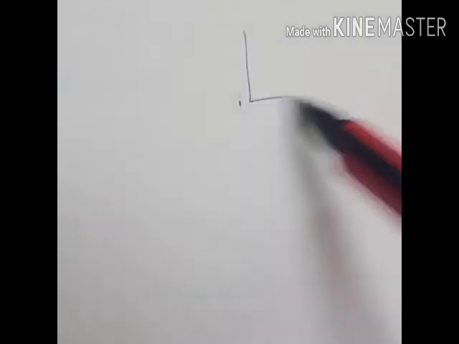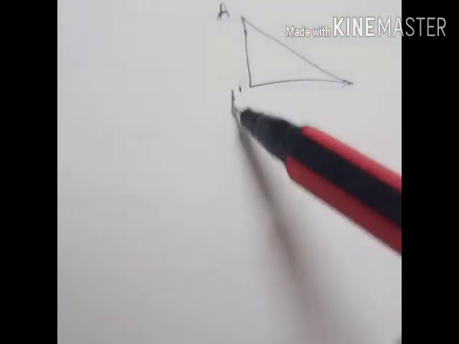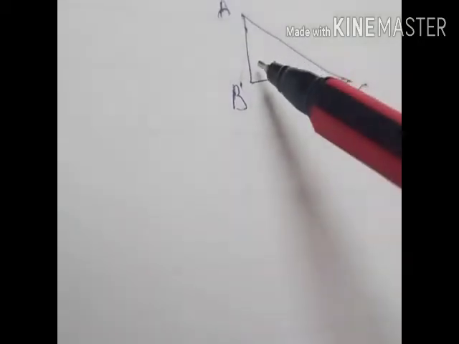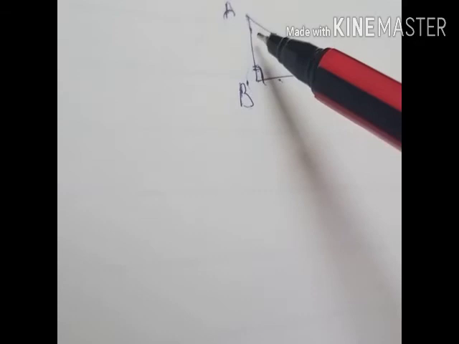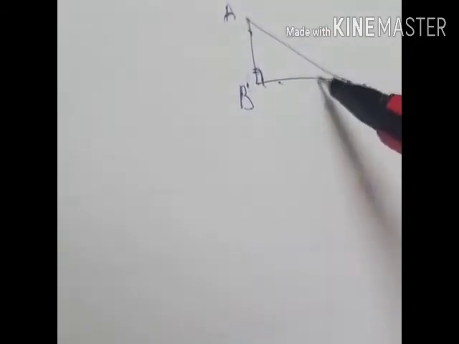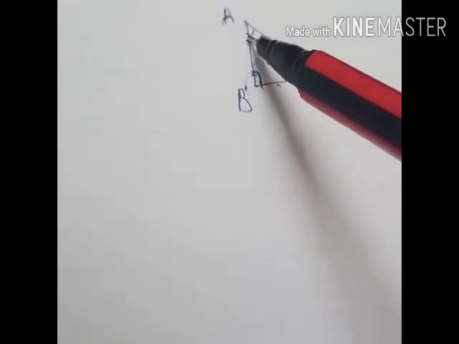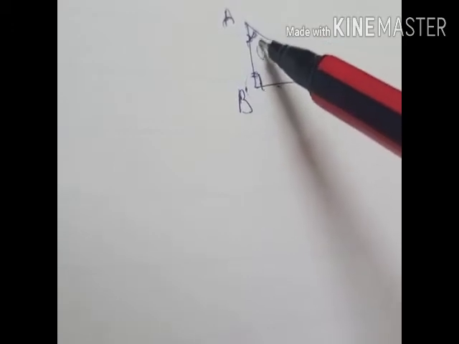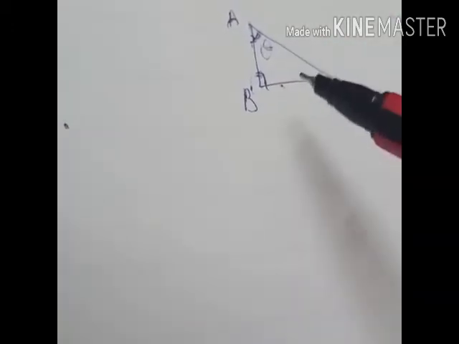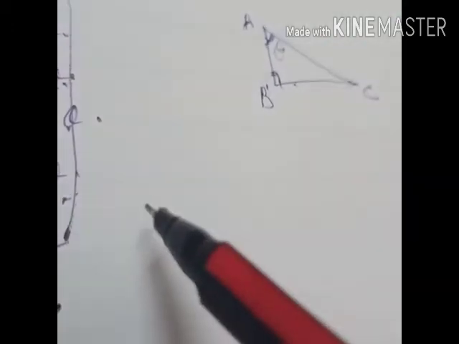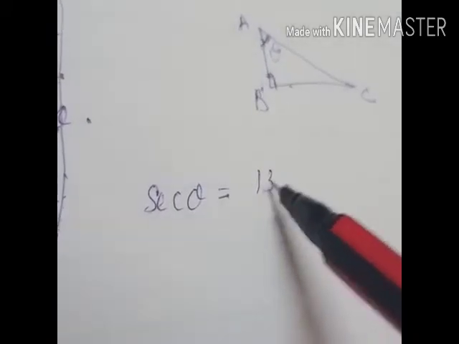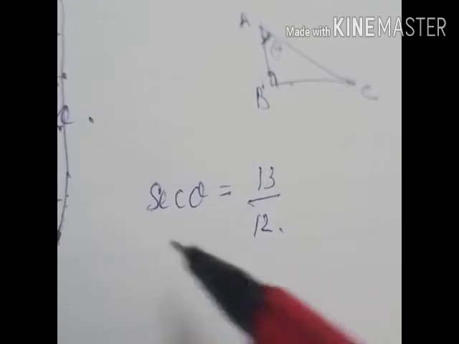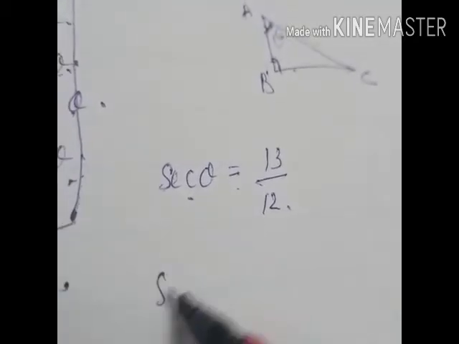A right triangle ABC, right angled at B. Here we have to mark one of the acute angles as theta. So I mark this angle as theta. Now they have given sec theta equal 13 by 12. So sec theta means what?